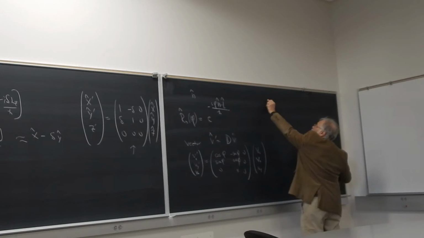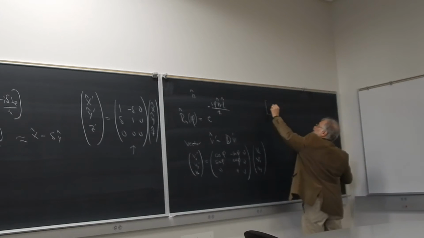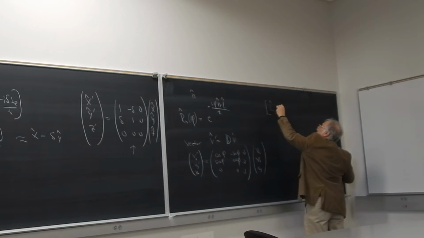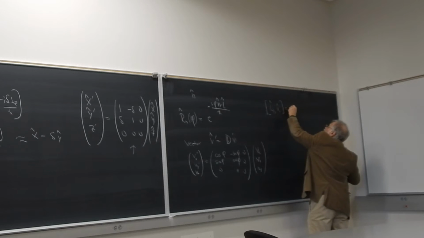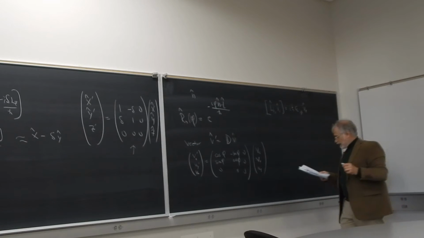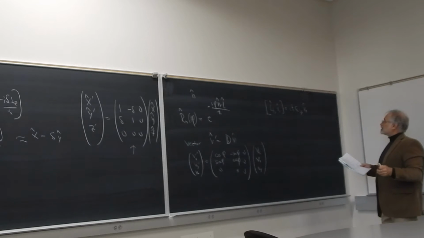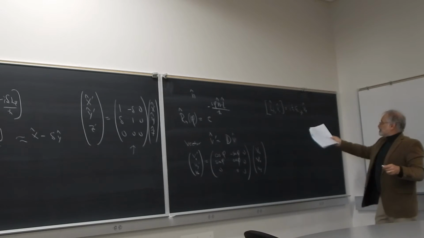This follows from, since we talk about L being the generator of rotations, we write the following: L sub i commutator with V sub j is equal to i h bar Levi-Civita symbol epsilon ijk times V sub k. So this is really the definition of a vector operator, this sort of formulation.